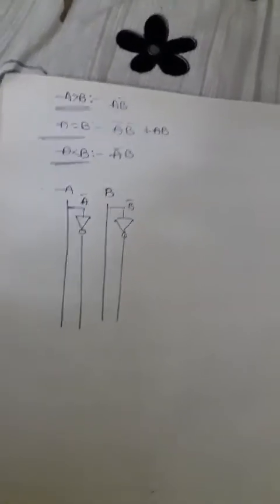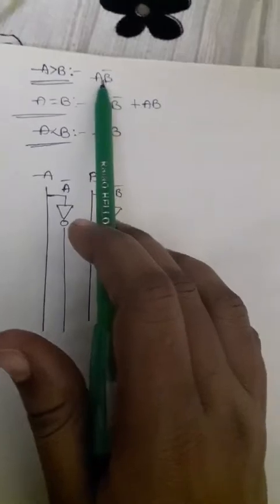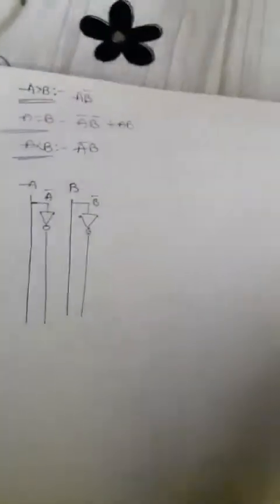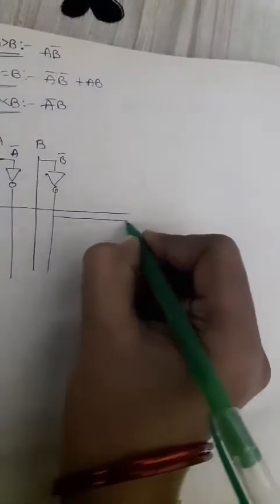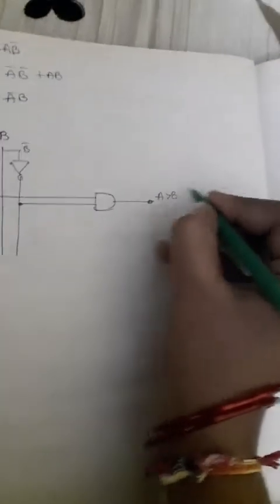So here what is the first output? That is the greater than condition. Greater than condition, what is the output? Here we are getting A B complement. So this is A and this is B complement. You can highlight it like this. So this function output is A greater than B, that is equal to A B complement.